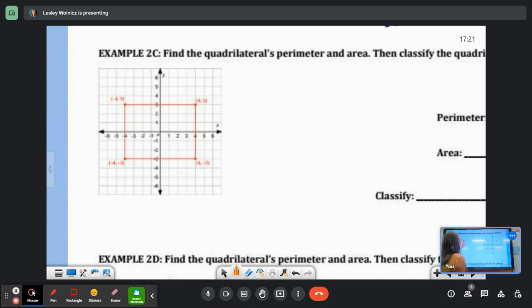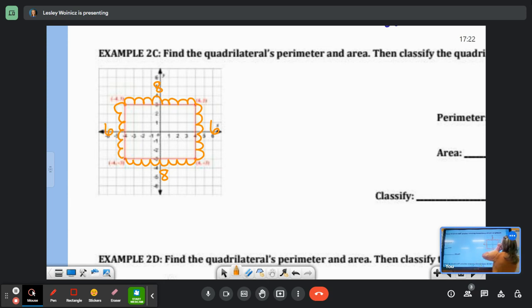So let's talk about the perimeter first. This is easy because we don't have to do any distance formulas. We just get to count boxes. 1, 2, 3, 4, 5, 6, 7, 8. 1, 2, 3, 4, 5, 6. 1, 2, 3, 4, 5, 6, 7, 8. 1, 2, 3, 4, 5, 6.